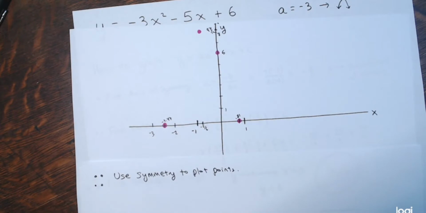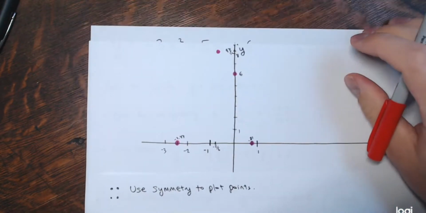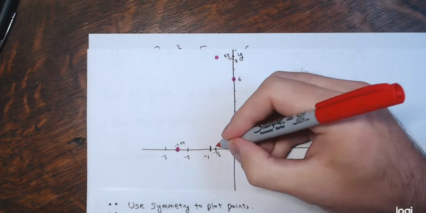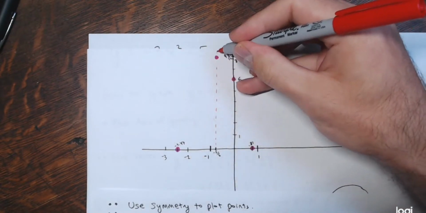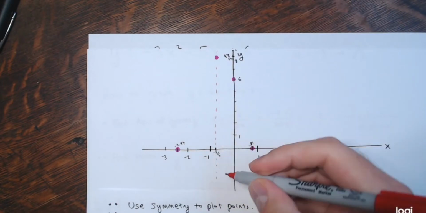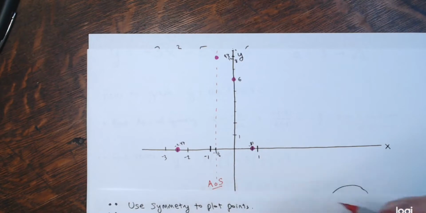Let me draw in the axis of symmetry here. Remember, the axis of symmetry was x equals negative 5/6. I'm going to do a little dashed line going up through x equals negative 5/6. Here's the axis of symmetry. I'll write AOS for axis of symmetry.